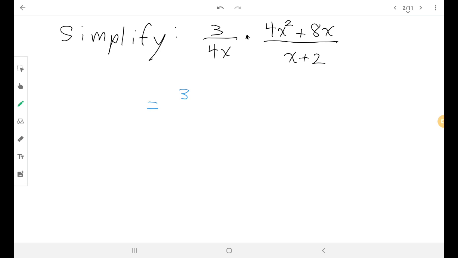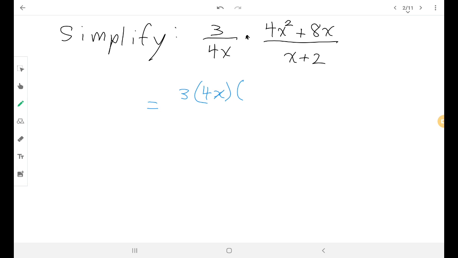So it'll be 3 times, and when I look at this, notice that both of these numbers are multiples of 4, so I could factor 4 out of both of them, and both of those terms have at least one x in it, so I could factor a 4x out of there. Now, you could also do that separately if you don't see them both together right away.